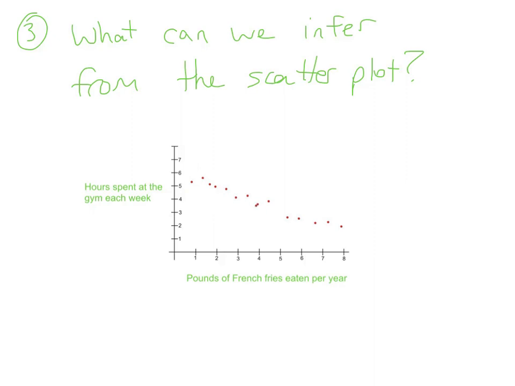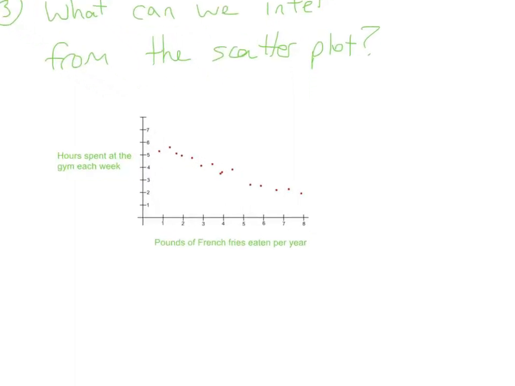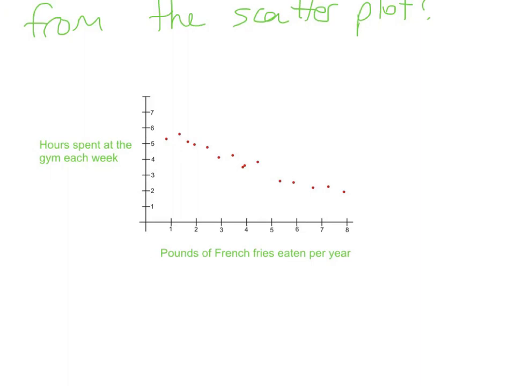All right, so hopefully after examining the scatter plot, you said that this person here ate just under a pound of french fries, and went to the gym 5 1/4 times per week. This person here had 1.5 pounds of french fries, and on average went to the gym 5.5 times a week.